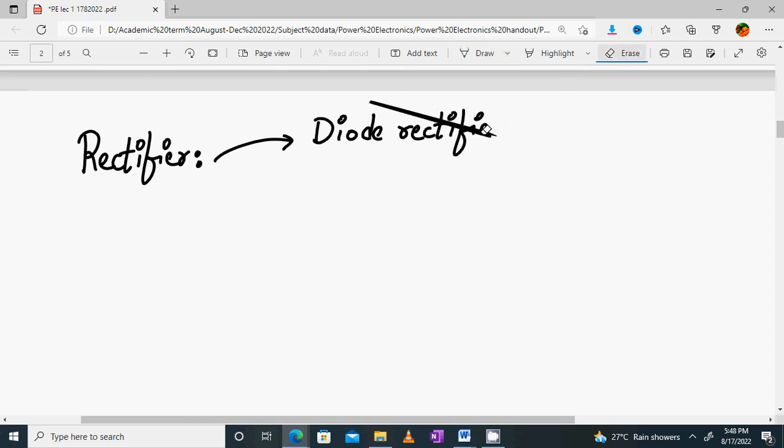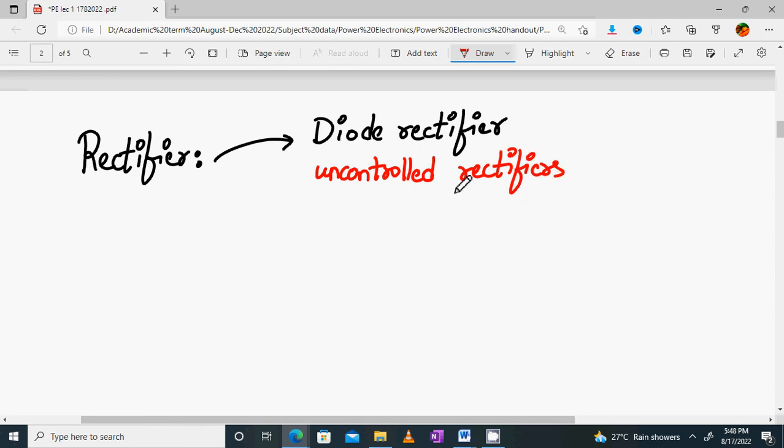Now these diode-based rectifiers cannot be controlled, so they are categorized as uncontrolled rectifiers. We have no control over when the diode turns on and turns off. It just turns on when the condition is met.